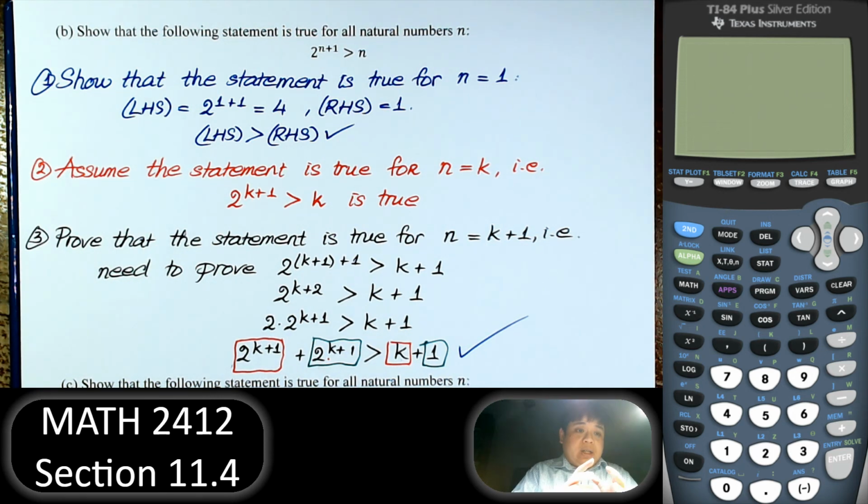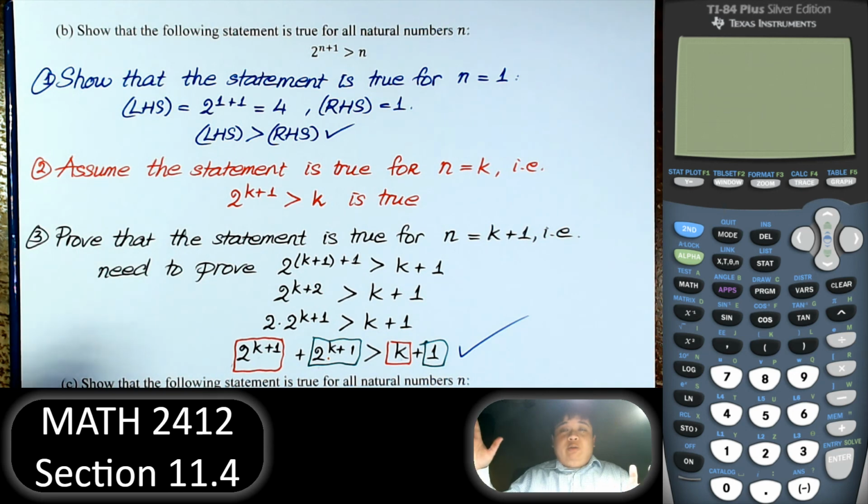All we need to show is that if at any number, if it is true, the next one is also true. In that case, if it is true for 1, it is true for 2, it is true for 3, and so on for the rest of the natural numbers. So that is the principle of mathematical induction.